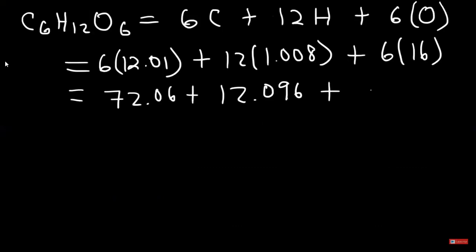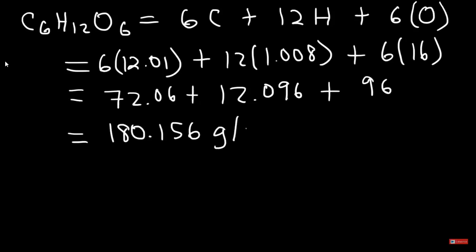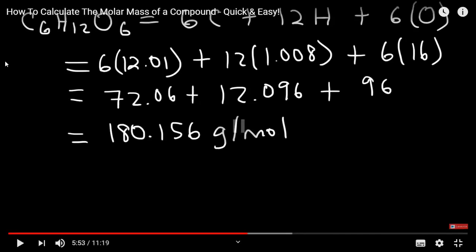And 6 times 16 is also 96. So now all we need to do is simply add these numbers together. So the answer that I have is 180.156 grams per mole. So understood.